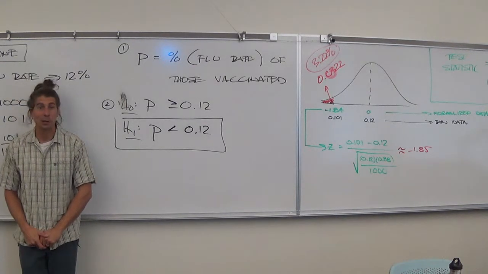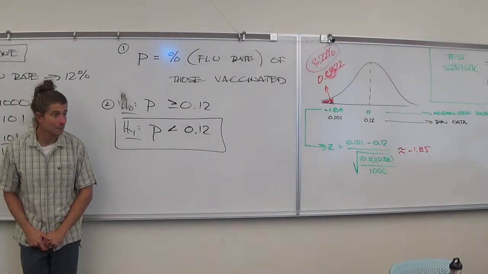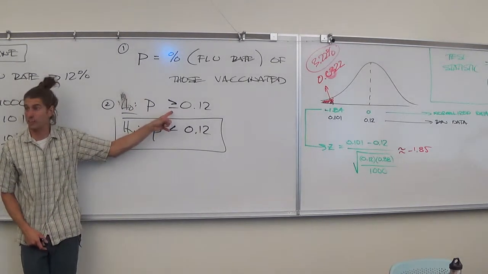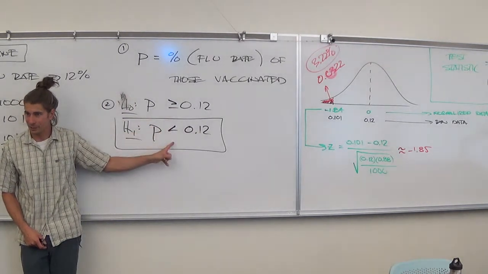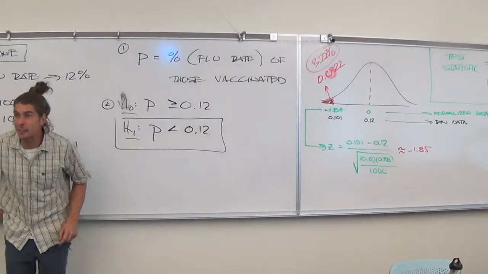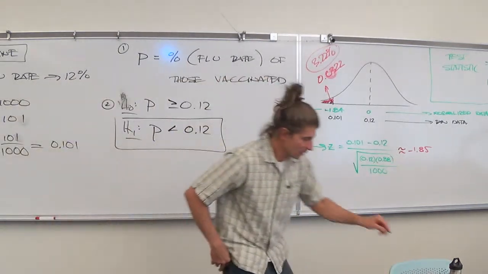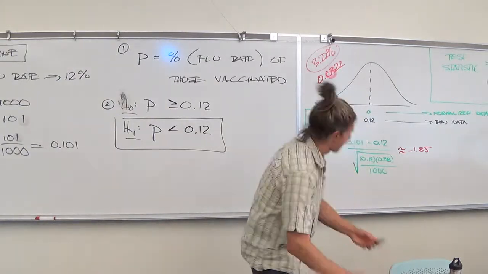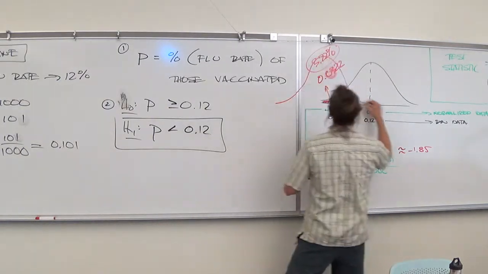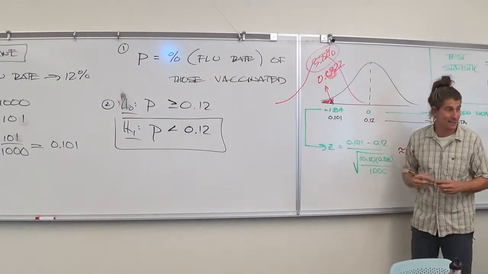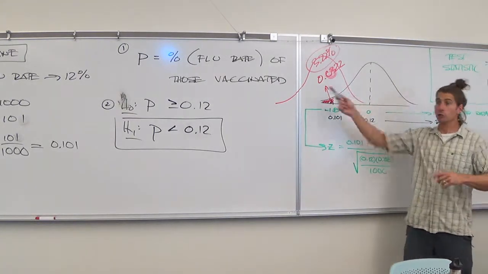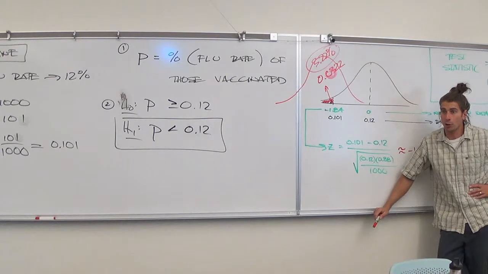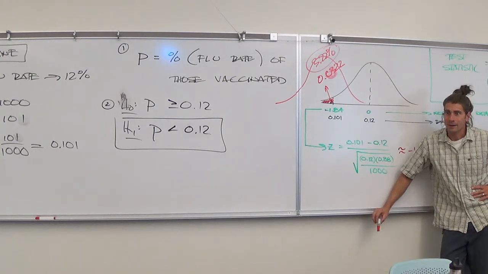Because it doesn't appear that it's not working. It doesn't appear this is believable. It appears this is believable. Said a different way, a more graphical way, it appears to me, friends, that there's another curve down here centered on our test statistic that shows lowered flu rates on our vaccine.